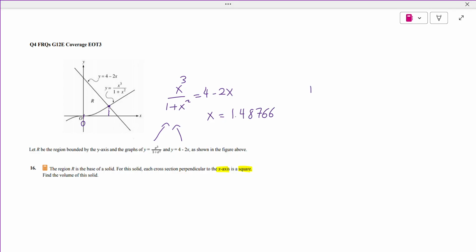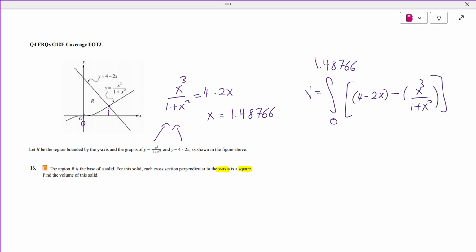Now the volume is given by the integral from 0 to 1.48766 of the upper one, which is the linear, 4 minus 2x, minus the lower one, which is x cubed over 1 plus x squared.